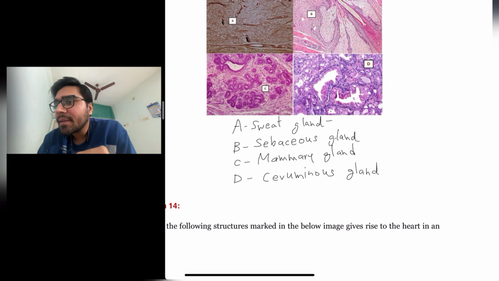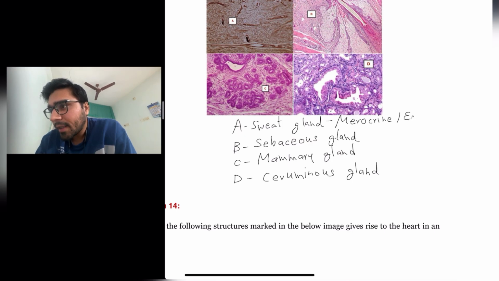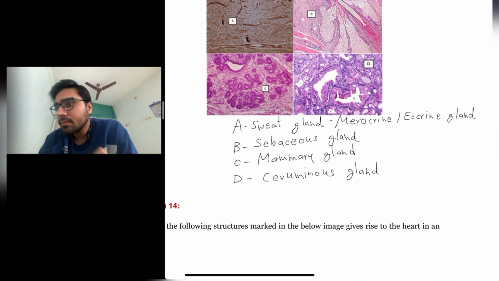The sweat gland is a merocrine or eccrine type of gland. Sebaceous gland is a type of holocrine gland.